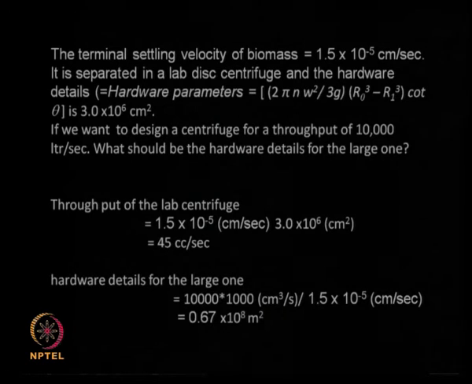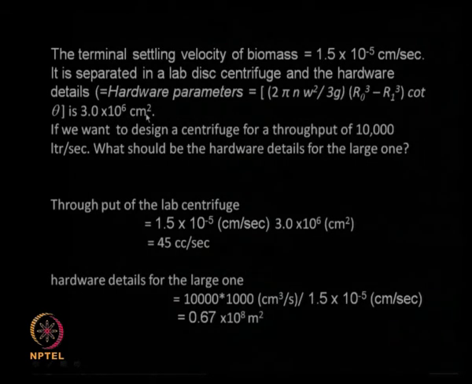Now, the terminal settling velocity of a biomass is given here as 1.5 into 10 power minus 5 centimeter per second. It is separated in the lab using a disc centrifuge, and the hardware parameter, 2 pi N omega square by 3g, into r naught cube minus r1 cube cot theta, is equal to 3 into 10 power 6 centimeter square.